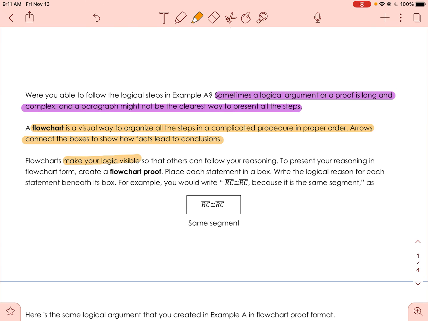We're going to walk through that same exact proof, but we're going to present our reasoning in flowchart form, creating a flowchart proof. The way you do this is for every statement that you make, you place that statement in a box, and then you write a reason for that statement beneath the box.